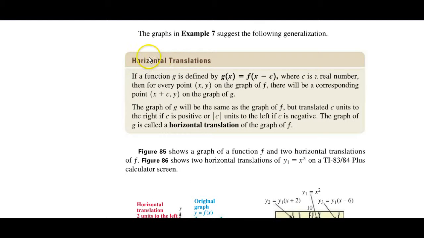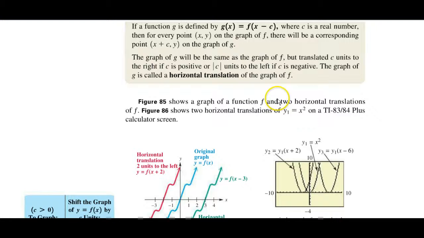So here's the rule. And again, there's sort of the formula, x minus c, but whatever value is there as a minus c will become a positive value that you're shifting it. Now, if it were plus c, then it would shift it to the left. If it's negative c, again, it becomes plus, you shift it to the right.